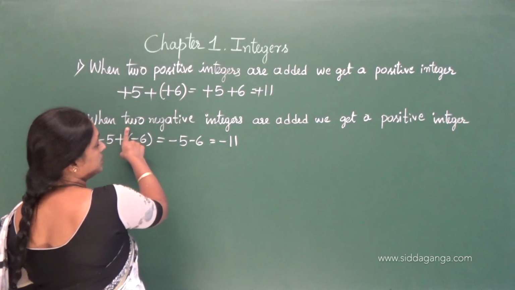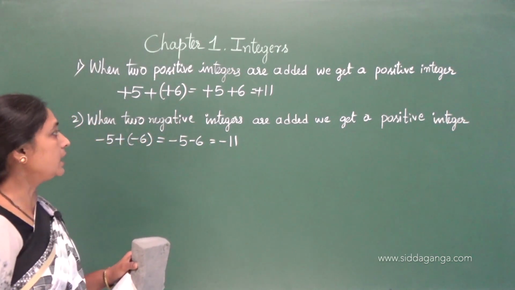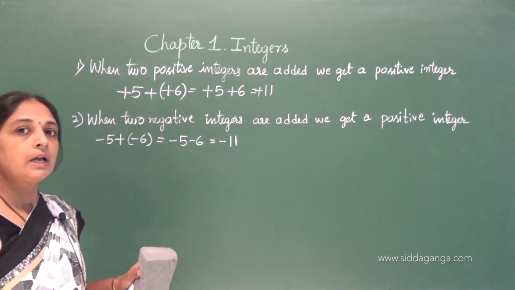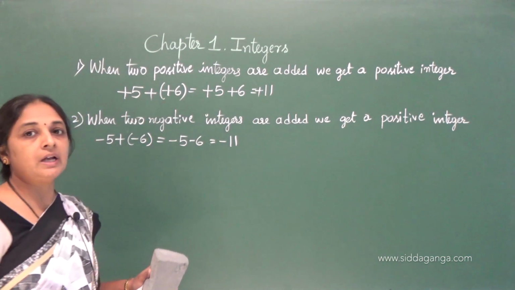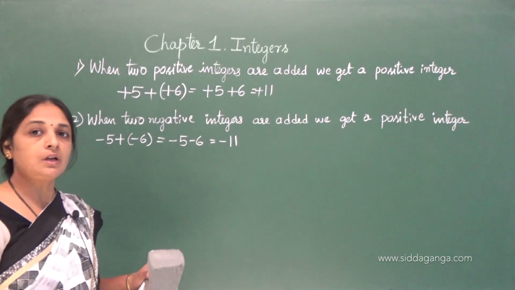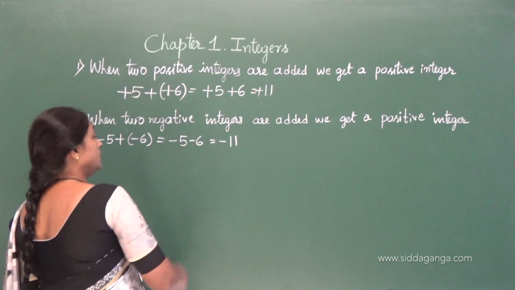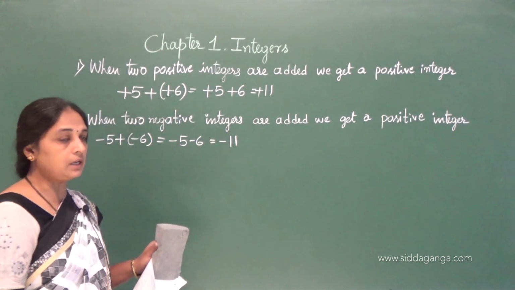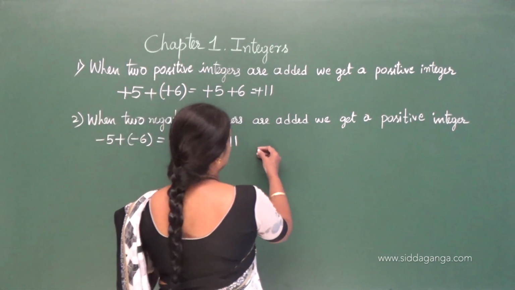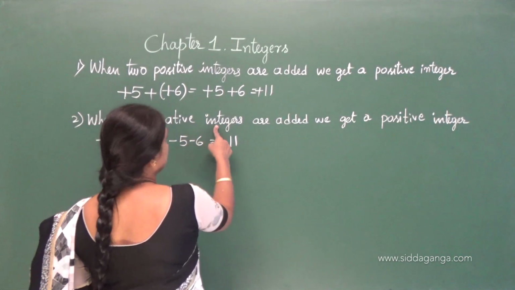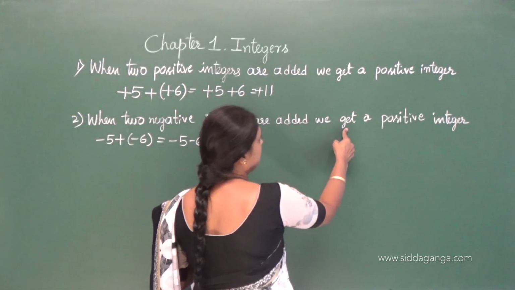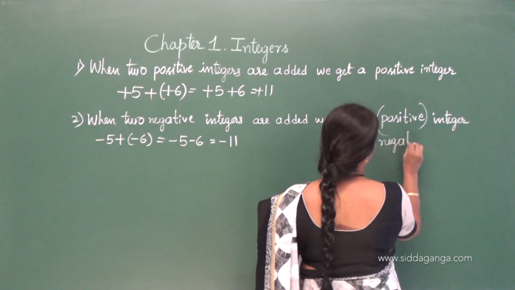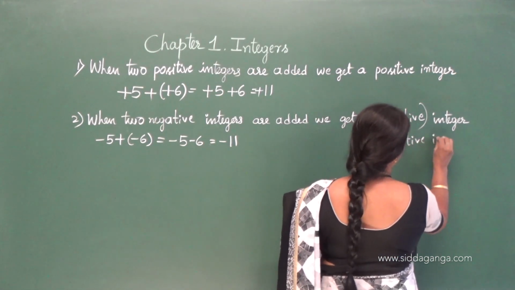So what's the statement given? When two negative integers are added, we get a positive integer. No, it's incorrect, because we don't get a positive integer anywhere. When we add two negative integers, we always get a negative integer only. Then we can correct it as, when two negative integers are added, we get a negative integer only.